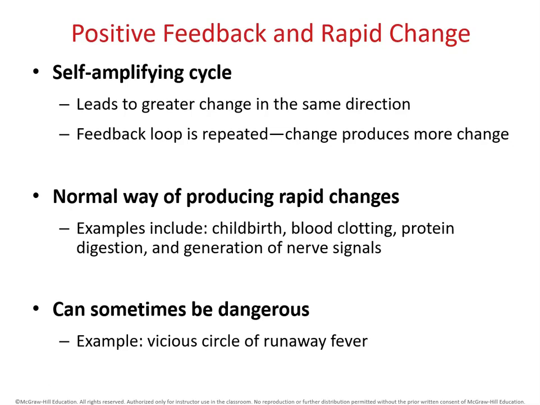Sometimes this can become dysfunctional and can be very disastrous to health. But in the case of childbirth and some other things here, it's the normal, useful way of using a positive feedback loop.